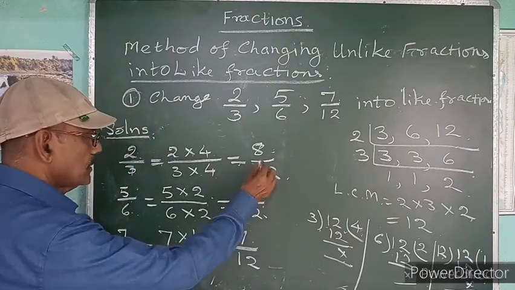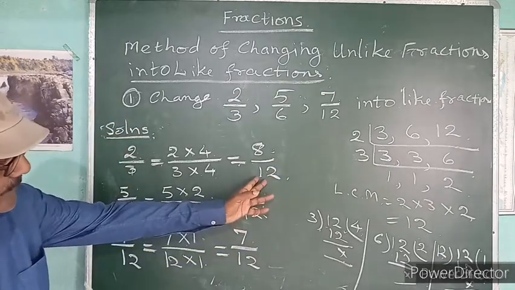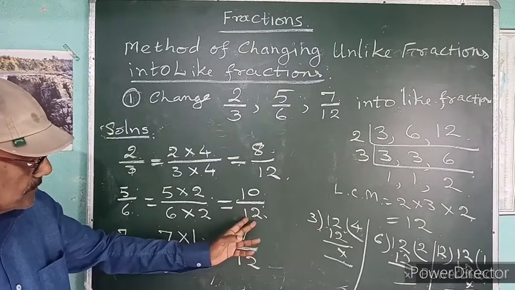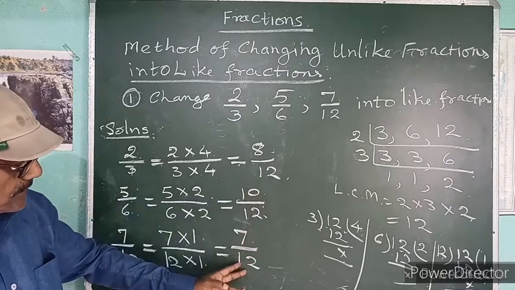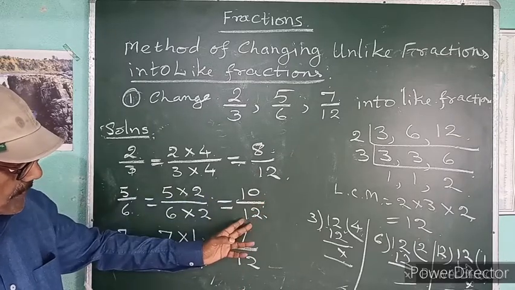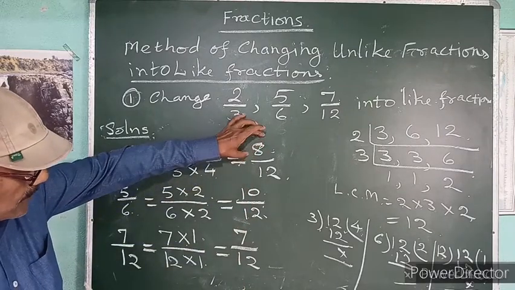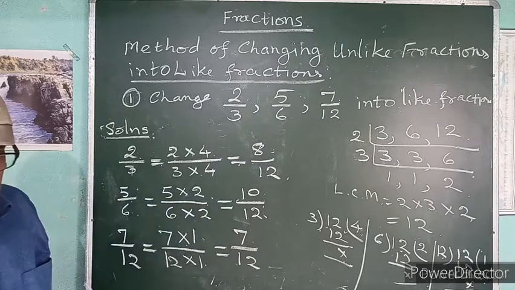Now here you see the denominators are the same. They are same, that means common denominators. They are having common denominators. That's why we can say 8 by 12, 10 by 12 and 7 by 12 are like fractions.